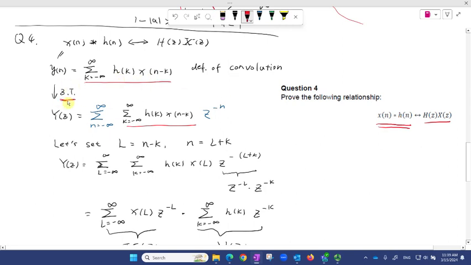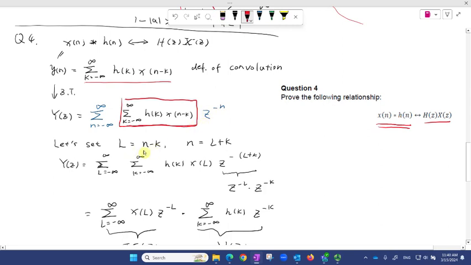That's the definition for convolution, and we want to do a Z transform. To do a Z transform, you can see the blue part is we just put the target signal inside of this sum with z to the power of negative n. That's the definition for the Z transform.